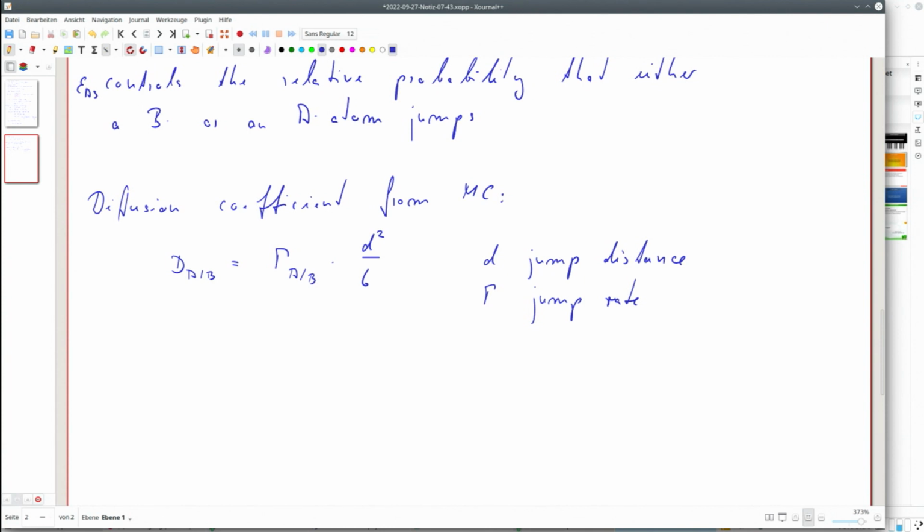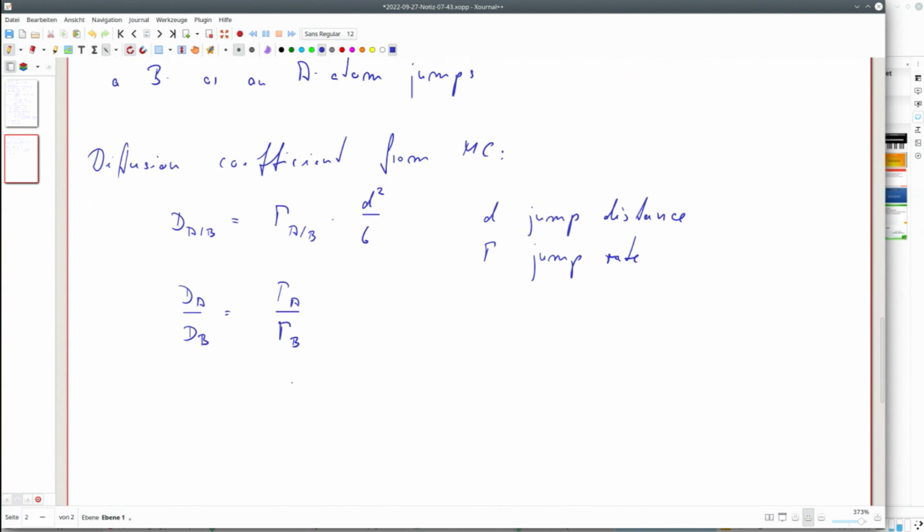So in an FCC lattice, where you have 12 neighbors, you still have this factor of 6. Yeah? One can go through this calculation and you find it. So the ratio of diffusion coefficients, since this jump distance is the same, is just the ratio of the jump rates.